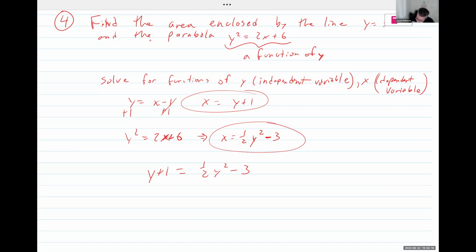I can toss everything to the other side, and if I keep the 1/2 positive, maybe I'll just subtract y and subtract 1. I get 0 is equal to 1/2 y squared minus y minus 4. That equals 0.